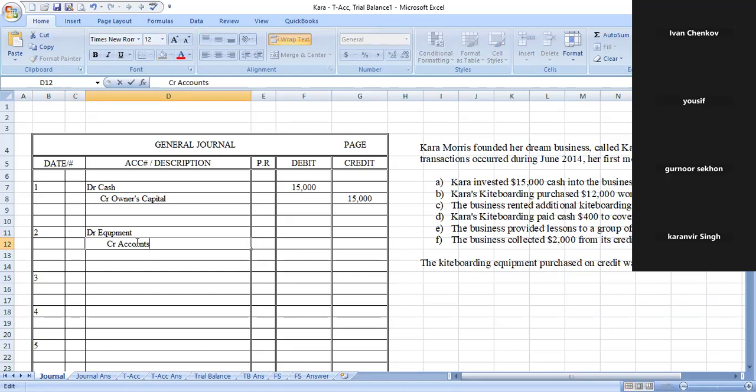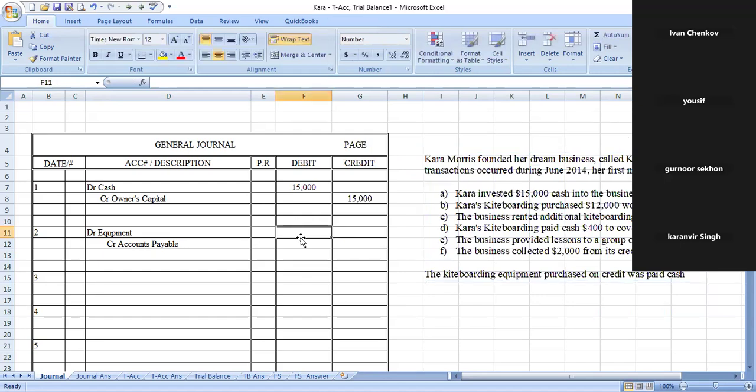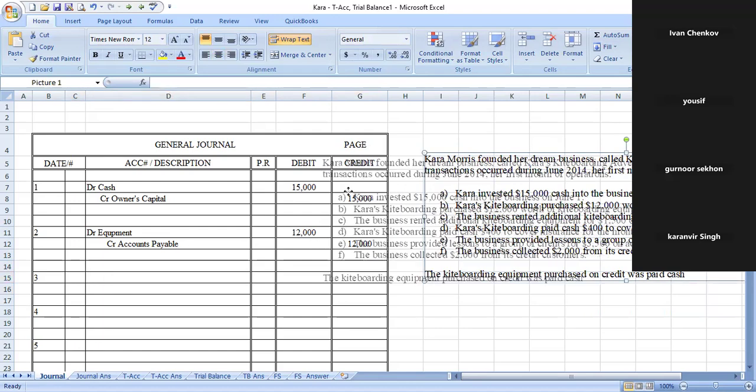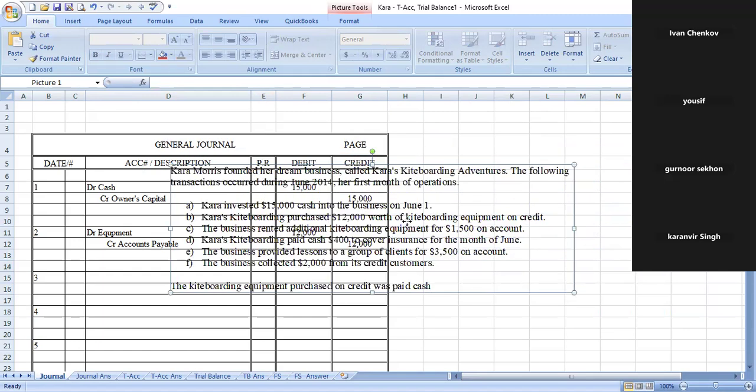Accounts payable. Correct? How much is that equipment worth? $12,000. In the next transaction, letter C, what happened in letter C? The business rented, sorry, additional kiteboard equipment for $1,500 on account.